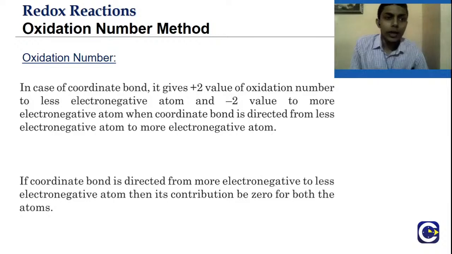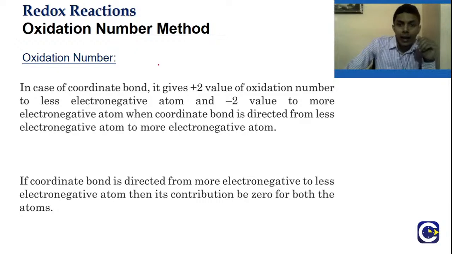In the case of a coordinate bond, you all might have heard of it because the chemical bonding chapter is already done. It gives a +2 oxidation number to the less electronegative atom and −2 to the more electronegative atom when the coordinate bond is directed from the less electronegative atom to the more electronegative atom.